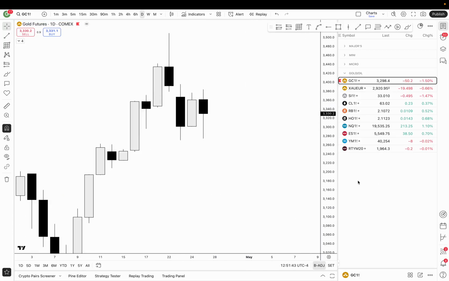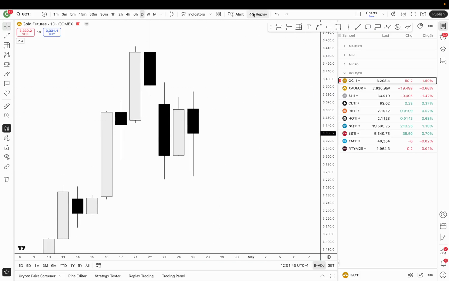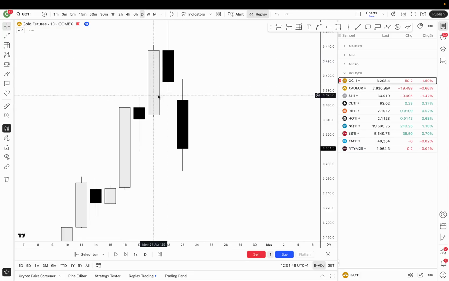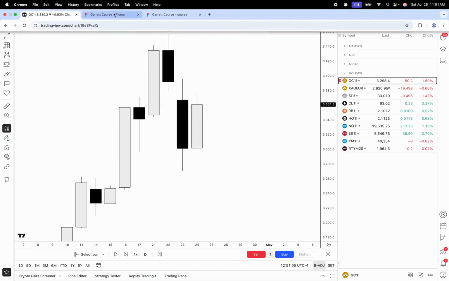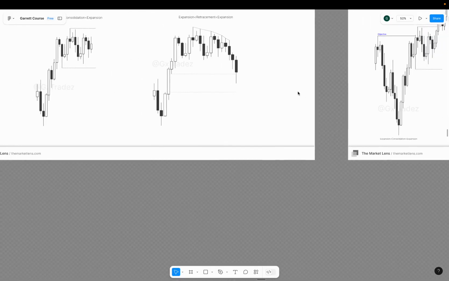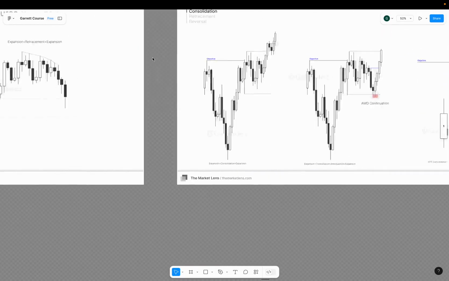Now what do we see this asset do? We CSD on the daily. And after expansion, what phase of price do we get? An inside bar, which is mechanically defined as a consolidation, which is a continuation signature.